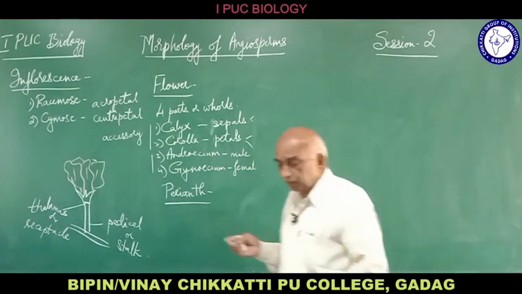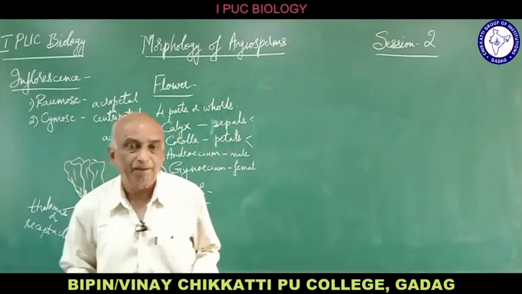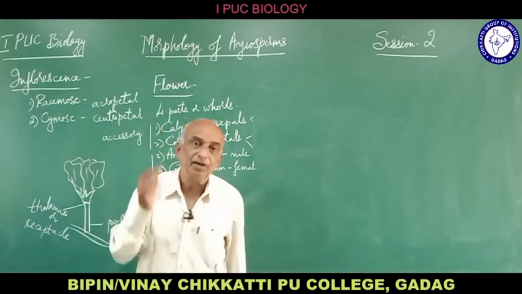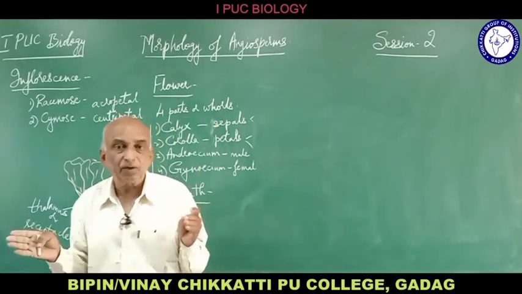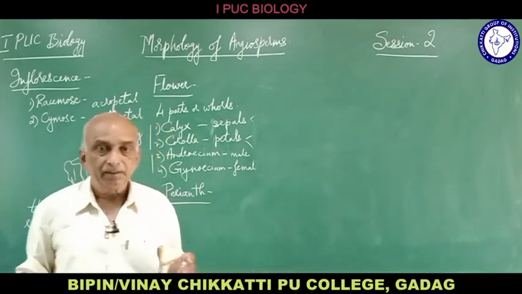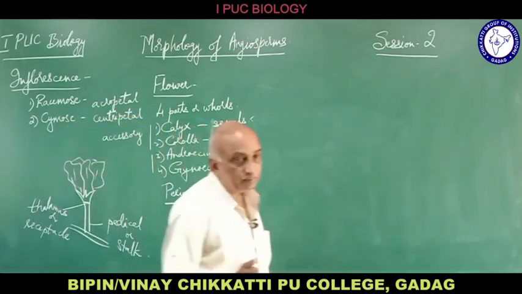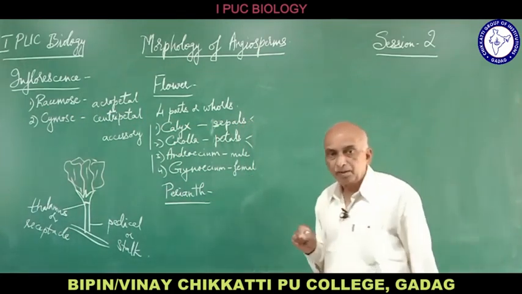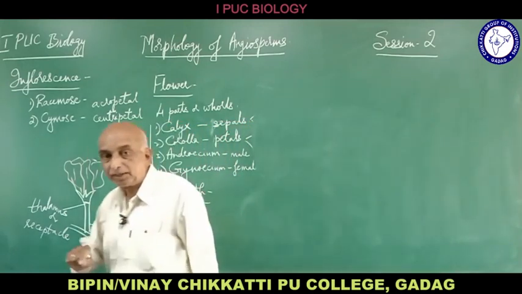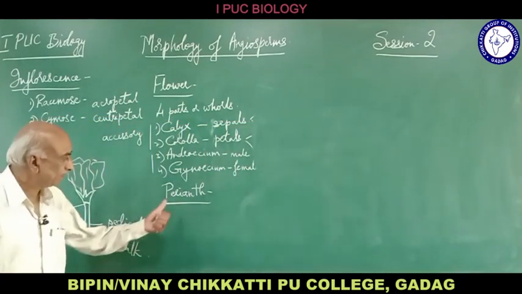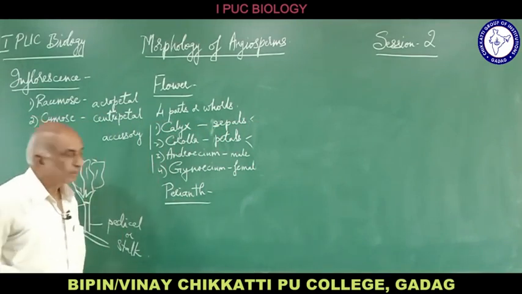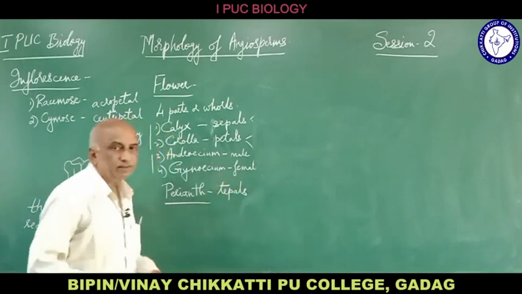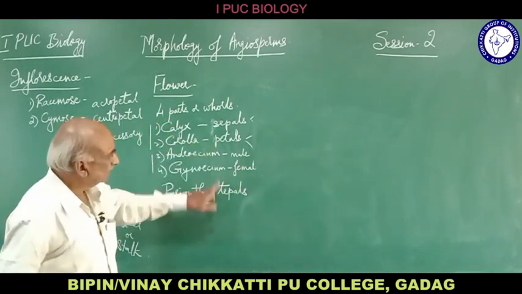But sometimes when the sepals and petals are fused, that means the calyx and corolla are fused to form a single whorl. That means the calyx and corolla are not clearly differentiated. They are not distinct. That is why this whorl, the fused calyx and corolla, or when the calyx and corolla are not distinct, not clearly differentiated, it is called perianth. So the parts of the perianth are called tepals. See, sepals, petals and tepals.